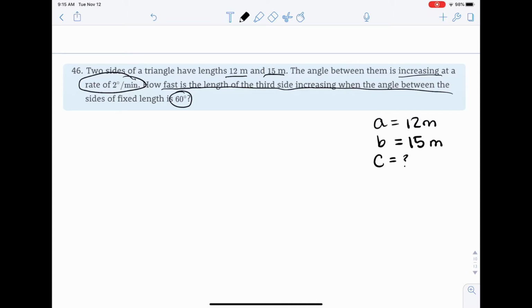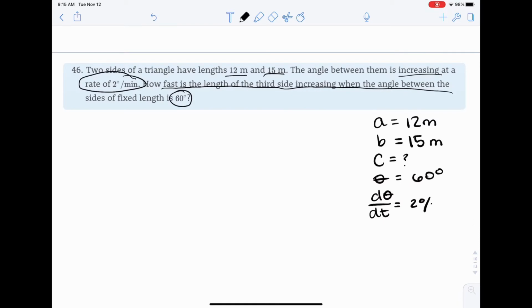But we do know theta is equal to 60 degrees. We also know that d theta dt is equal to 2 degrees per minute. And we are looking for dc dt.